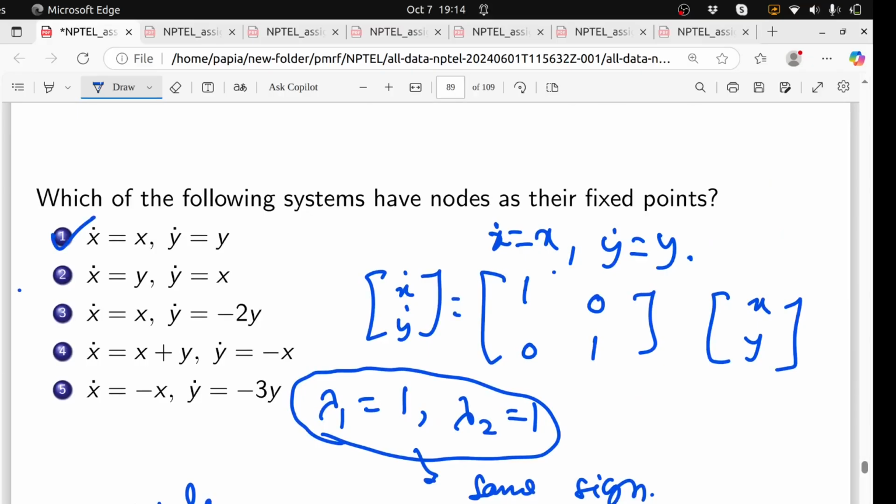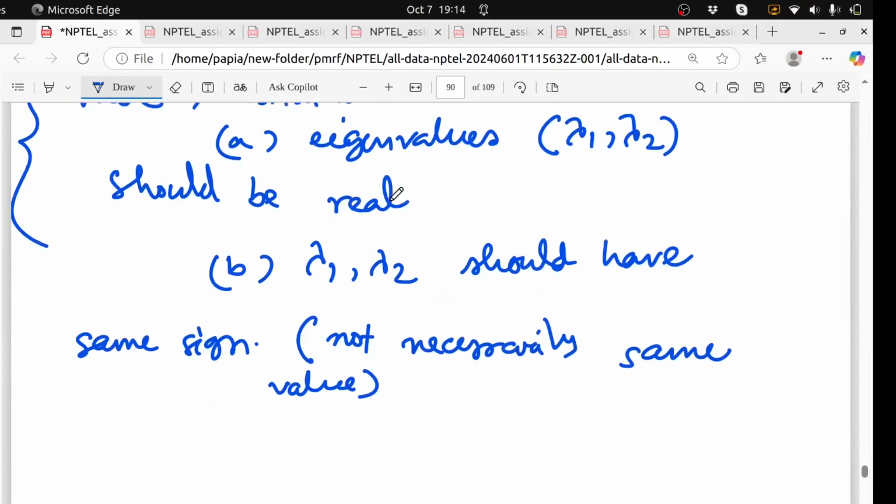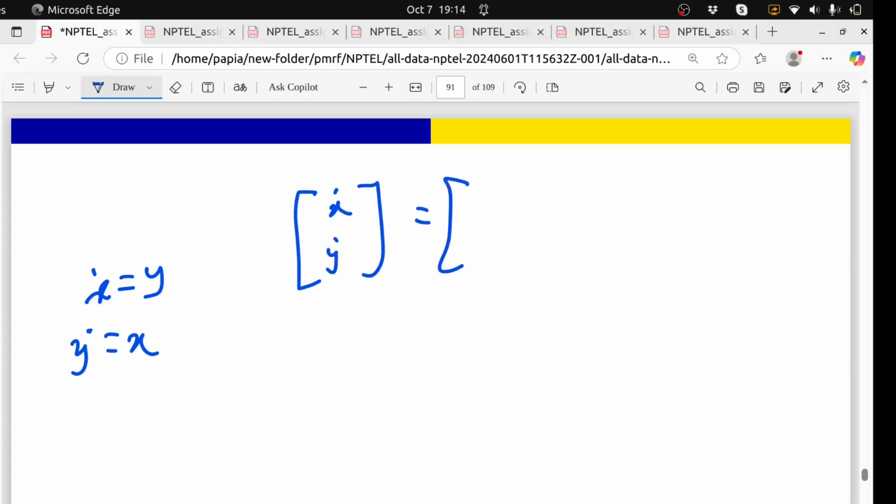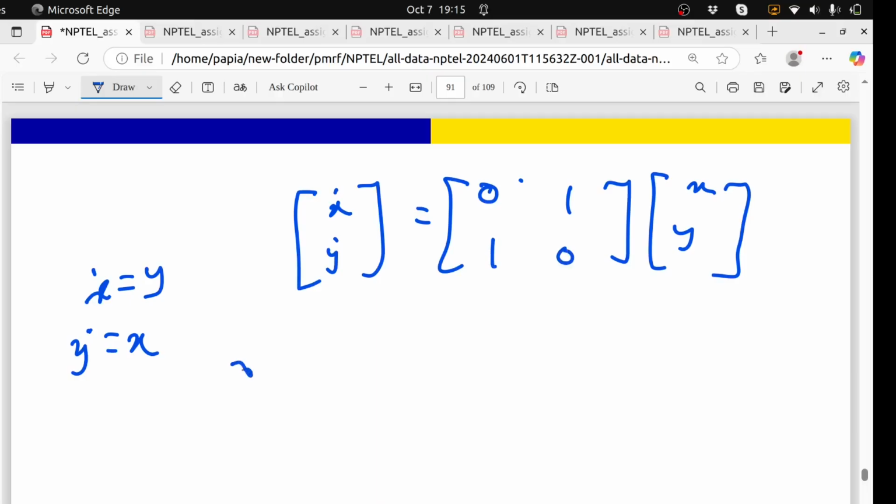Now coming to x dot equals y, y dot equals x. For this case, this will be simply 1 1 0. So we will have lambda 1 plus lambda 2 equals 0, lambda 1 lambda 2 equals minus 1.